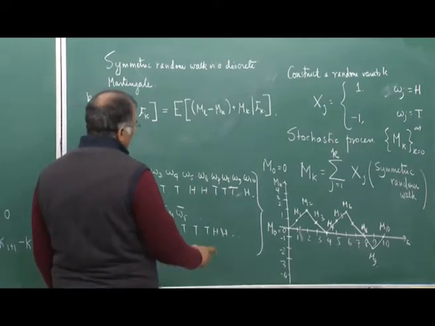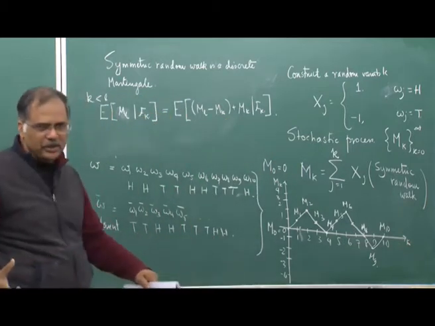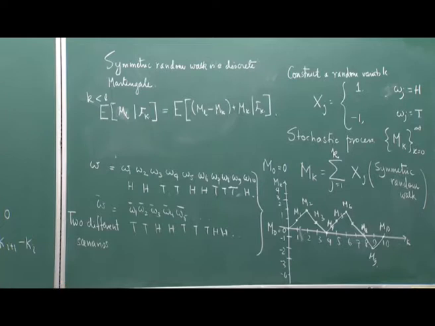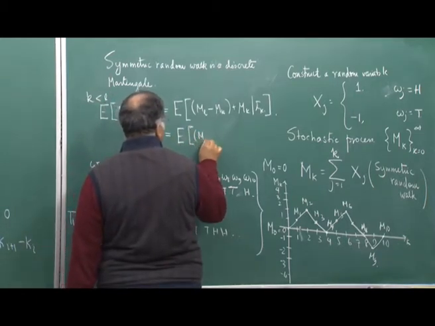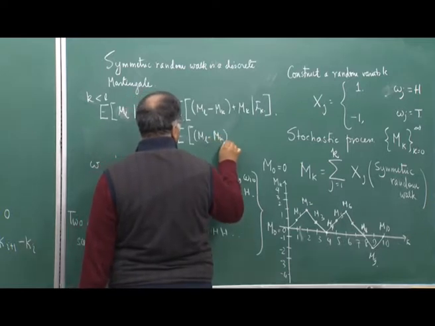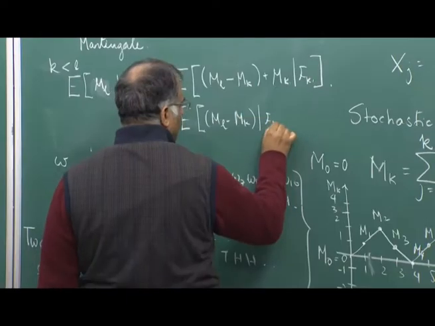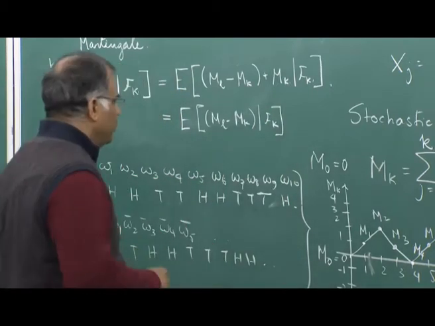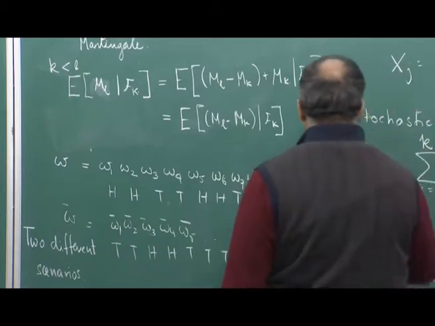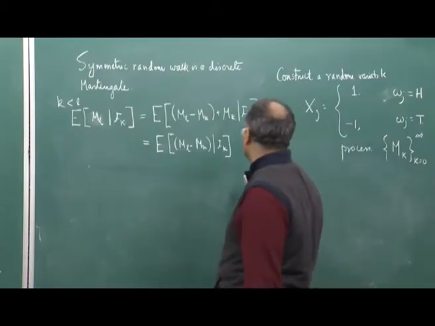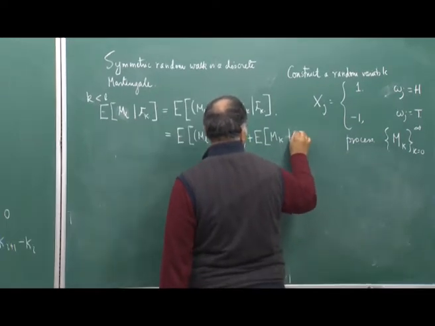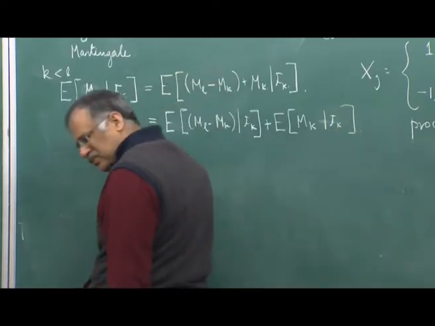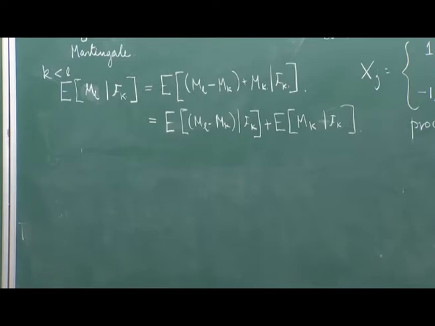Just like expectation can be summed, the conditional expectation of this random variable can be decomposed into two parts, which you can actually prove, and which will be a part of your exercise, but we are just using this fact here. Now, let us look at the first part.